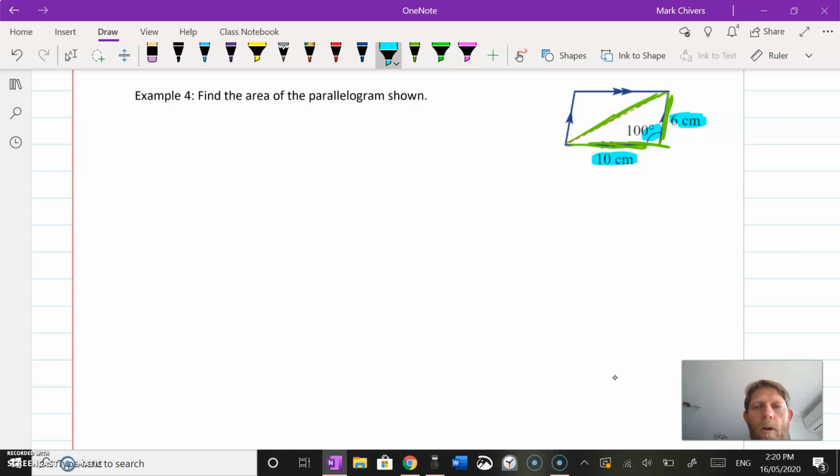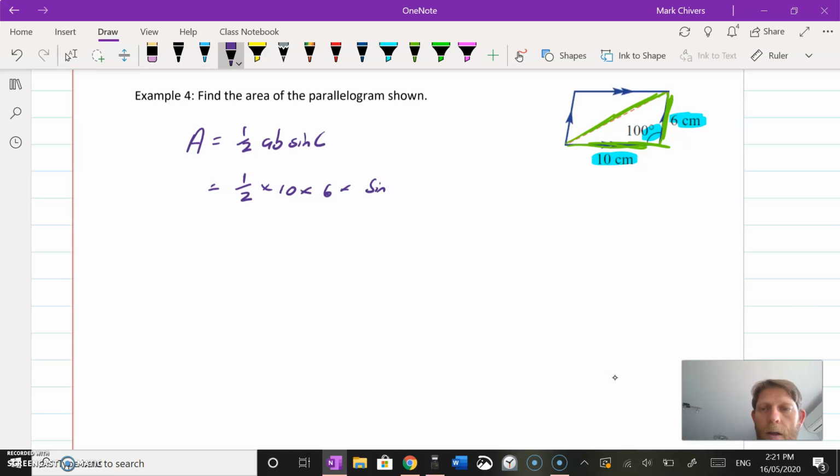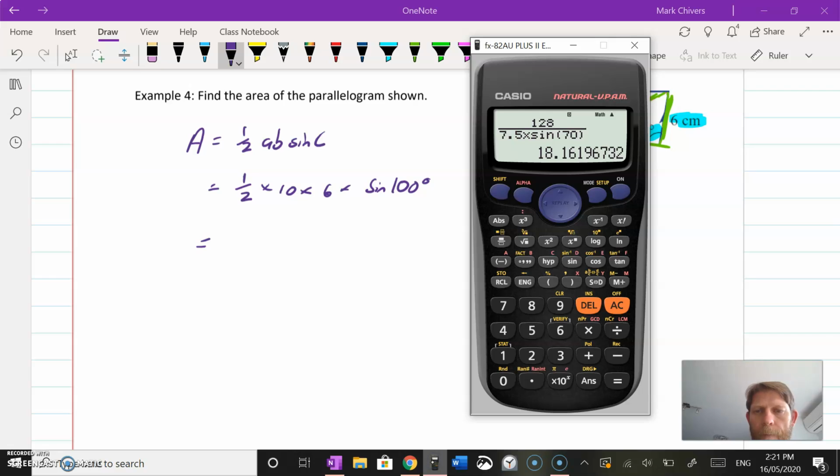So that will get the job done. We just use that formula, area equals half ab sine C. In this case, that's going to be a half times 10 times 6 times sine of 100 degrees. So we'll plug that into our calculator.